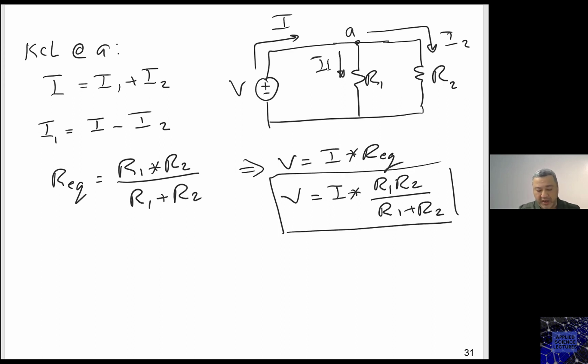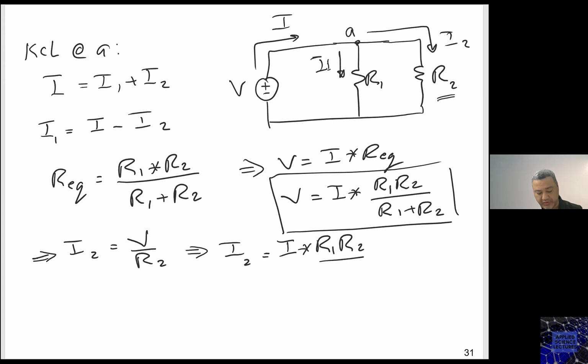Now, if I want to find I2, then I can take this V and divide it by R2. So here I have I2 equals V divided by R2, and in this case, I2 is I times R1 R2 divided by R1 plus R2, multiplied by 1 over R2.